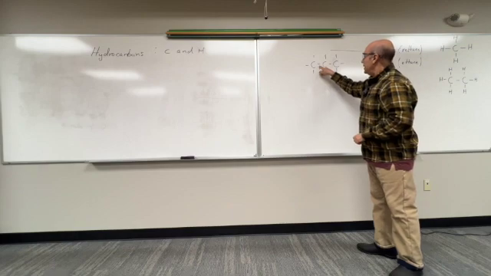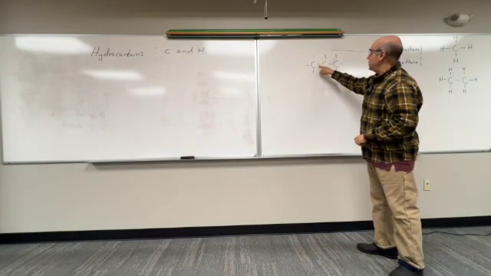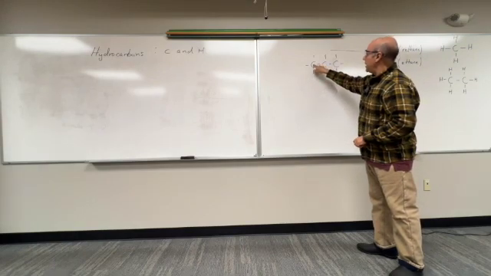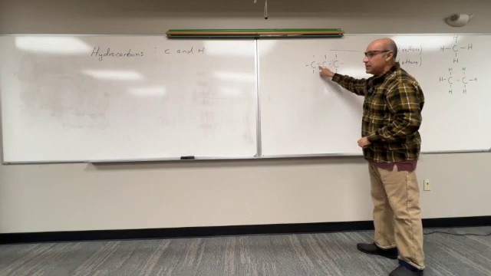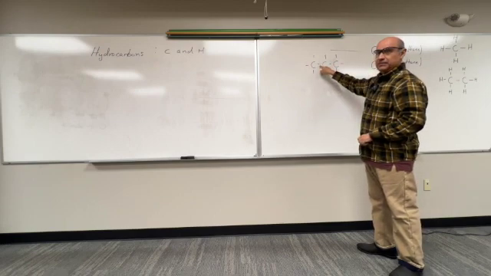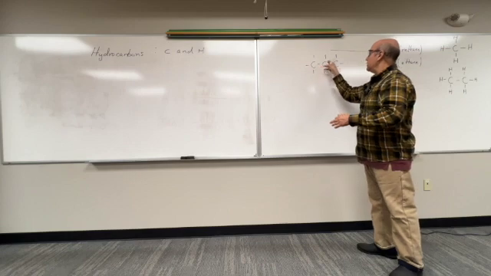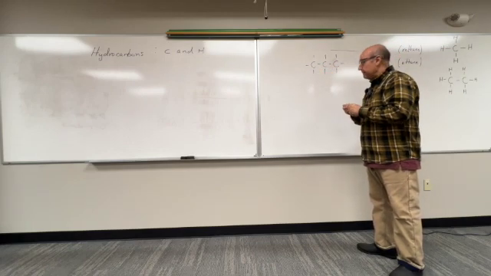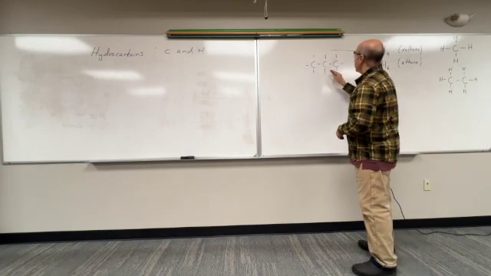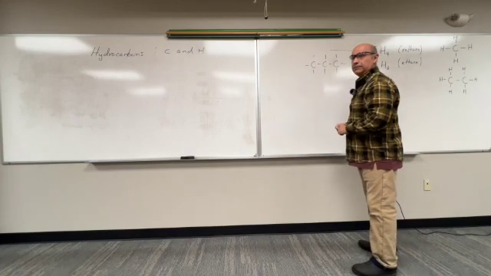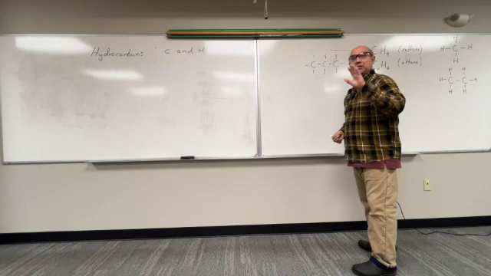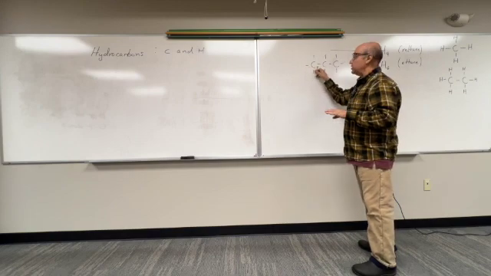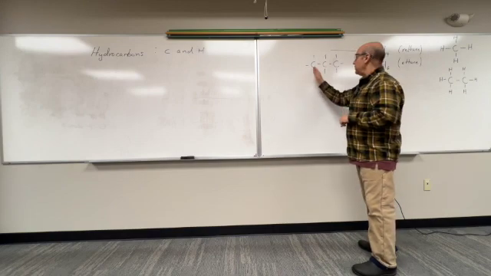And even though you see here this dash being part of this carbon, it's also part of this carbon. That's the sharing. It doesn't belong to one, it doesn't belong to the other, it's a share. But every carbon in here has 1, 2, 3, 4 dashes, which means 8 electrons, because each dash is 2 electrons, 1 from each carbon.